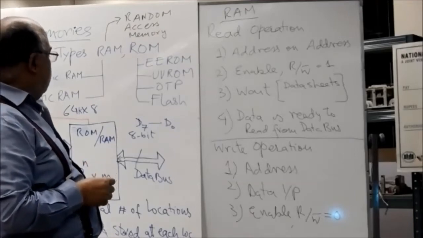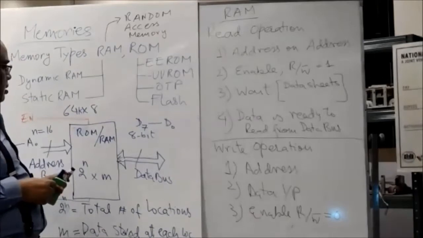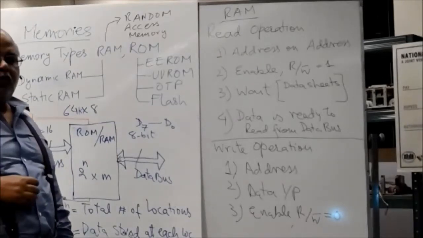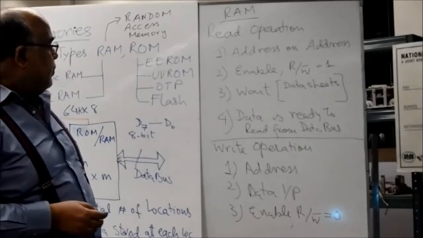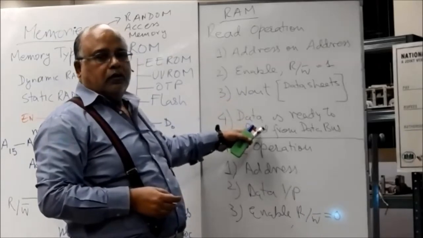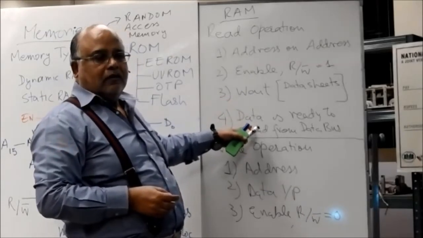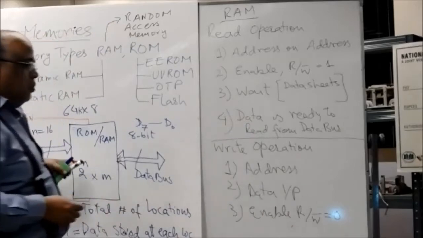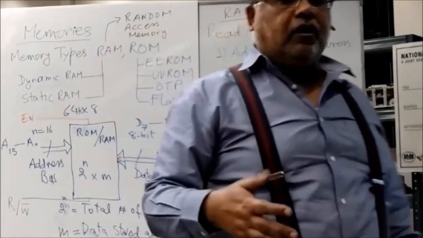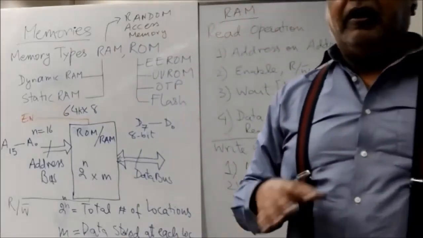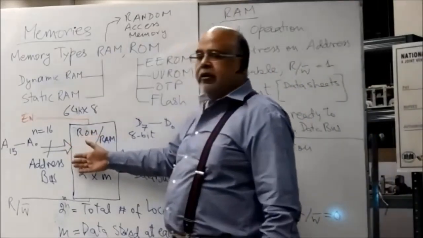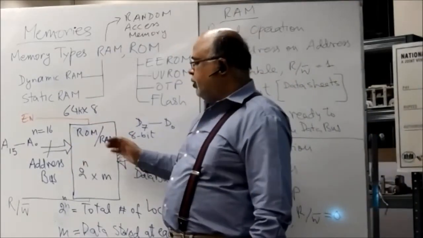Random access basically means that no matter what address you apply, the wait time will be the same for the data to appear at the output. ये नहीं है कि आपने 000 एड्रेस दिया है तो ज्यादा टाइम लगेगा, कोई और एड्रेस दिया है तो कम टाइम लगेगा. कोई डिस्टिंक्शन नहीं है. Randomly you can give any address to the address bus and the data will be written.